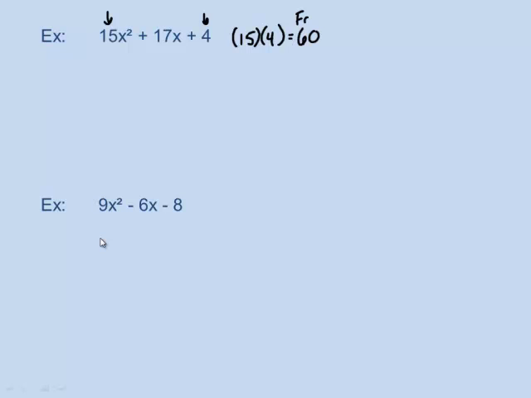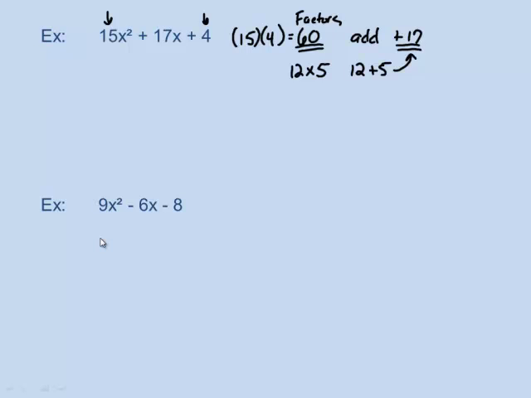Now we want factors of positive 60 that when you add them, give you a positive 17. So 60 will break down several different ways, 1 times 60, 2 times 30. It also breaks down using 12 times 5. Positive 12 times positive 5 is positive 60, but 12 plus 5 is positive 17.